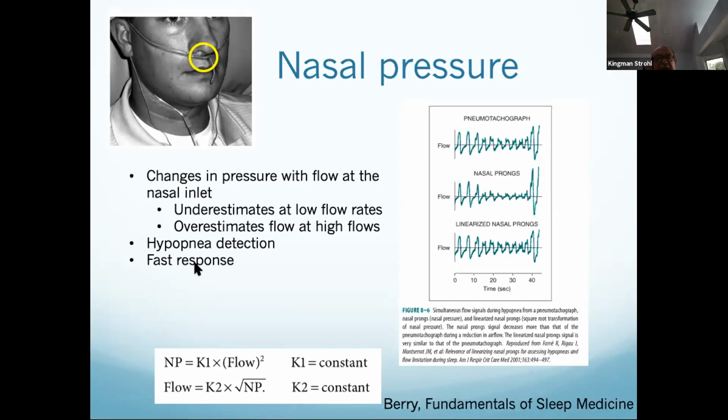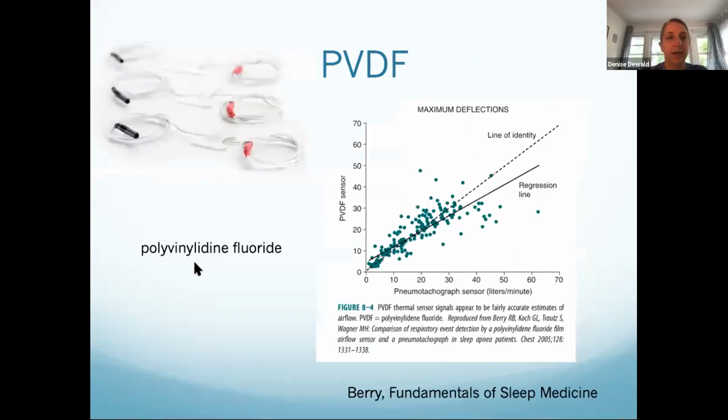All right. The principle is that nasal pressure is different from the thermistor, and you just really have to know that when you're looking at those two. And if you remember the first example, they look different. Okay. And then in the kids, we often use these PVDF sensors, which just get taped under here.